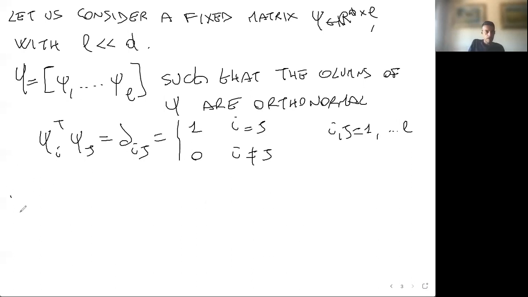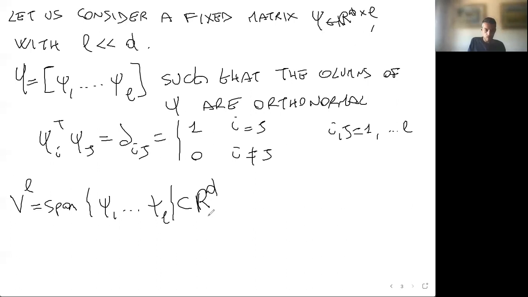So we define the space V_L spanned by psi_1, ..., psi_L, which form a basis for the L-dimensional subspace of R^D.